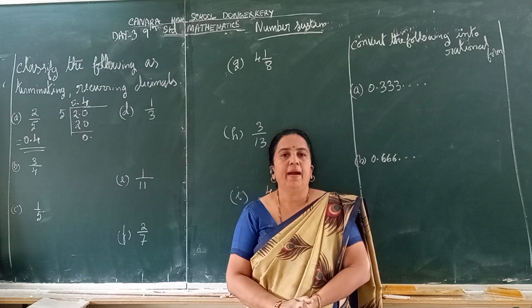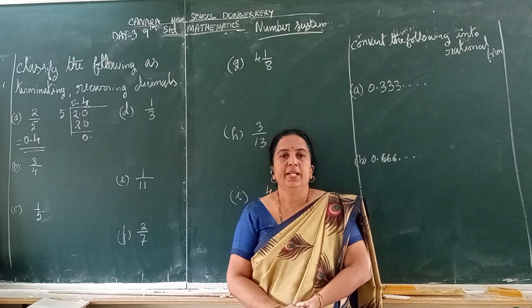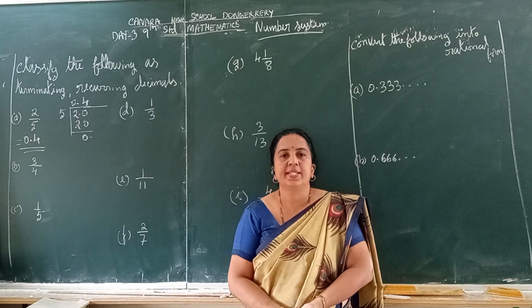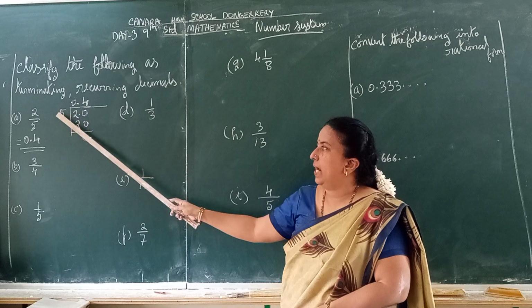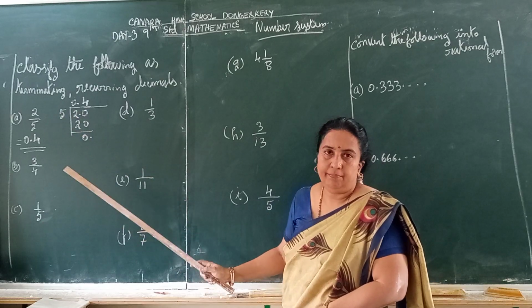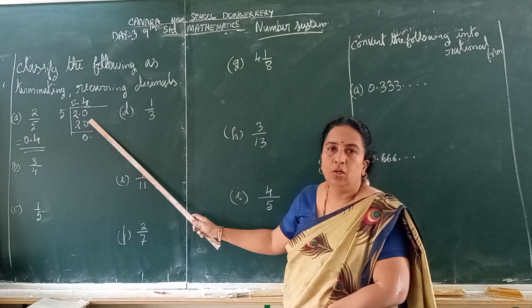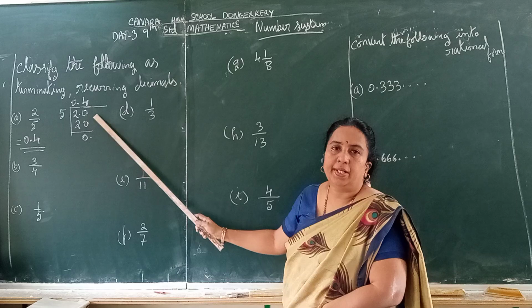When we have to divide 2 by 5, 2 will come in the dividend place, 5 will come in the divisor place. Therefore, 2 should be written inside, 5 should be written outside. 5 is not divisible into 2, therefore take 0 after the decimal point.